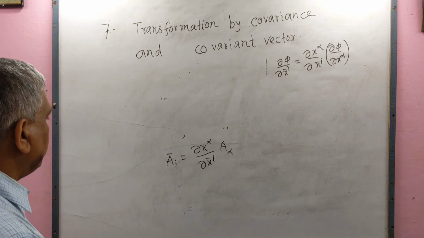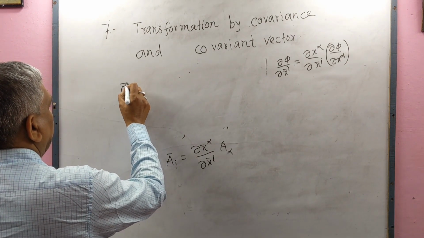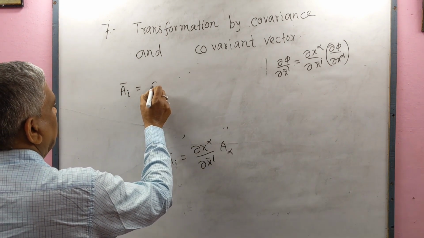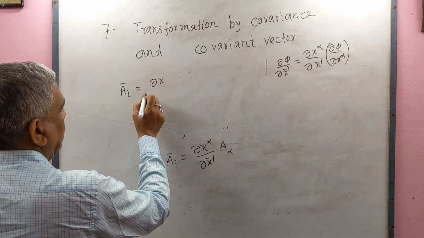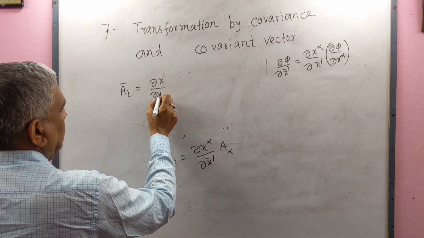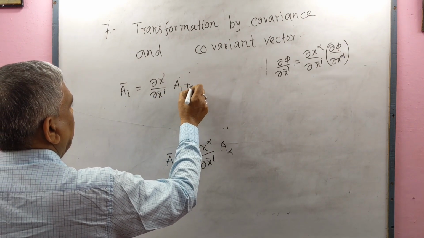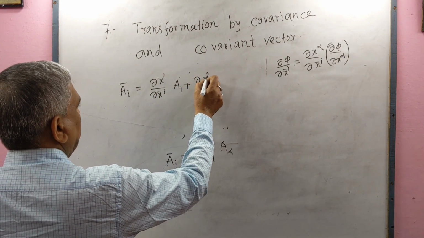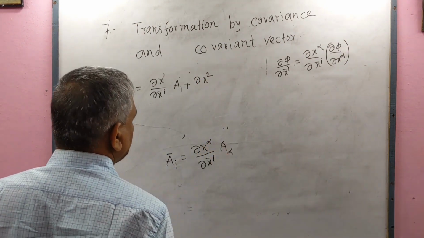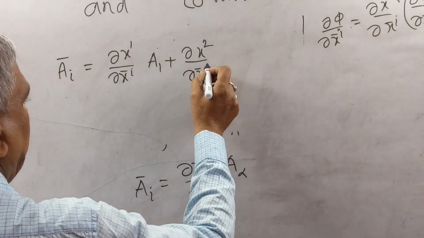We may write this equation in matrix form. Here a bar i equals del x1 by del x bar i a1, plus del x2 by del x bar i a2, plus ..., plus del xn by del x bar i an, as alpha is the dummy suffix, so it denotes the summation.